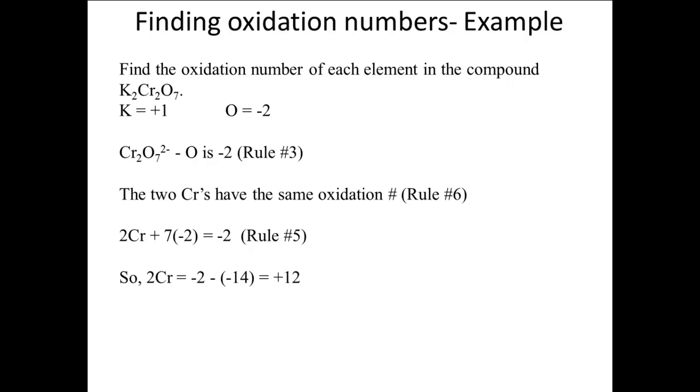So 2 chromium atoms equals +12, and each chromium atom has an oxidation number of +6. Remember that a change in the oxidation number of an atom during a reaction means that a redox reaction has occurred.